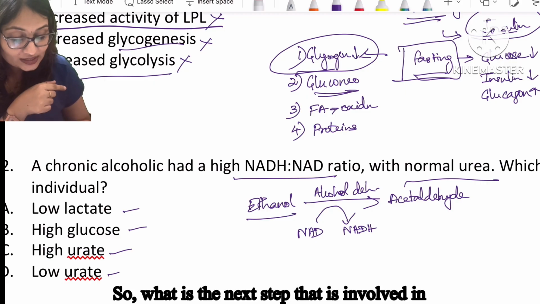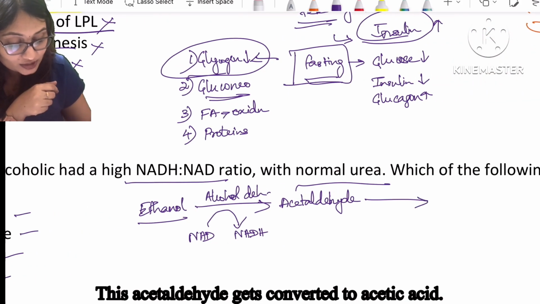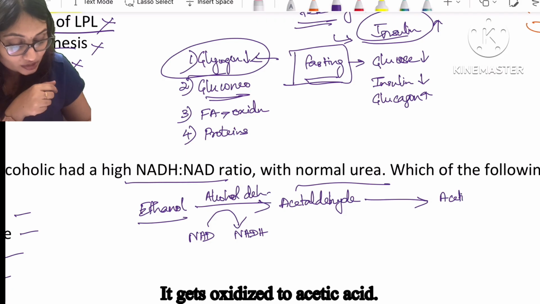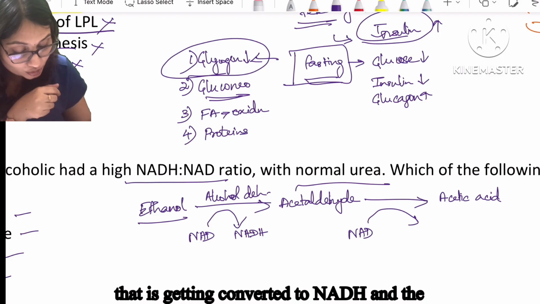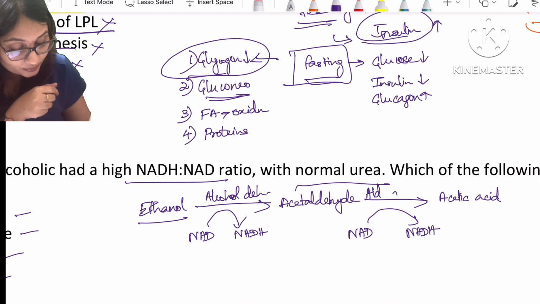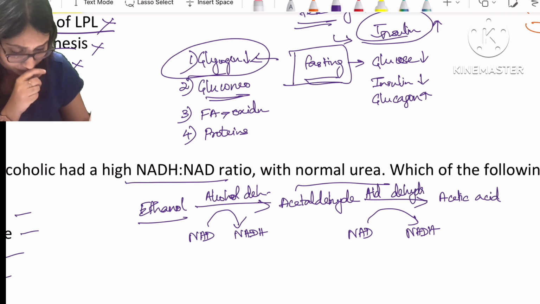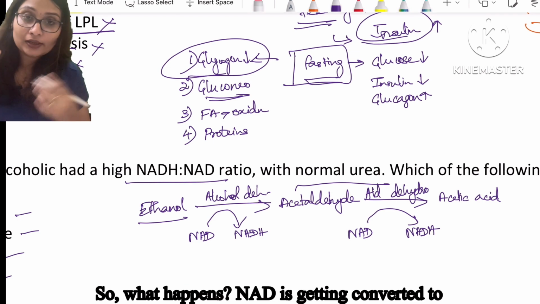What is the next step? This acetaldehyde gets oxidized to acetic acid. Again, NAD is getting converted to NADH, and the enzyme here is aldehyde dehydrogenase.